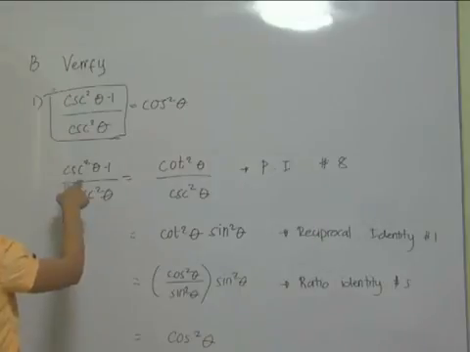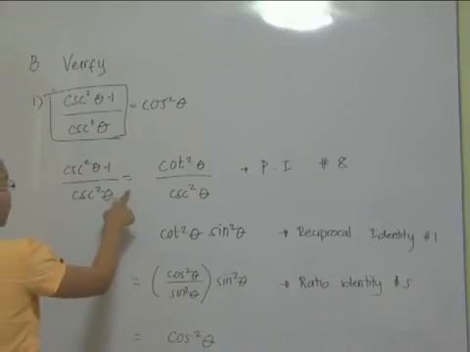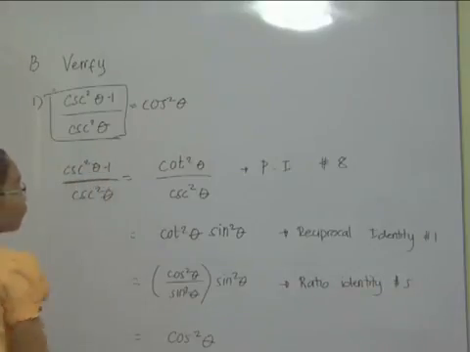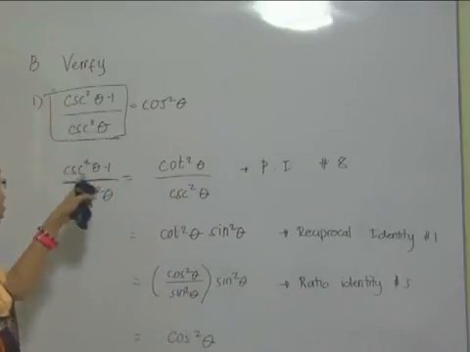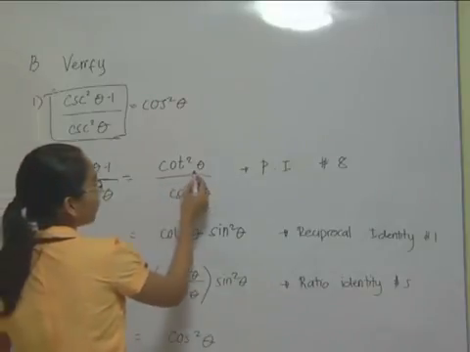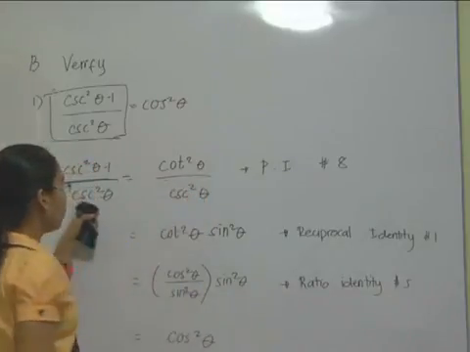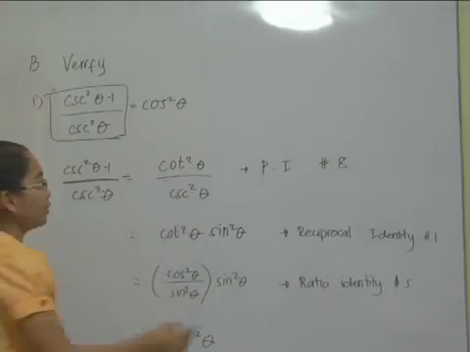Now we write cosecant squared theta minus 1 over cosecant squared theta as equal to, from Pythagorean identity number 8, which states that cosecant squared theta minus 1 is equal to cotangent squared theta, over cosecant squared theta.